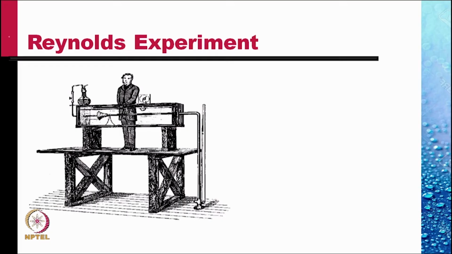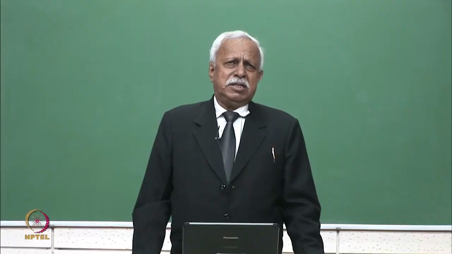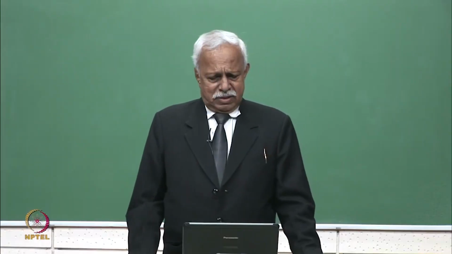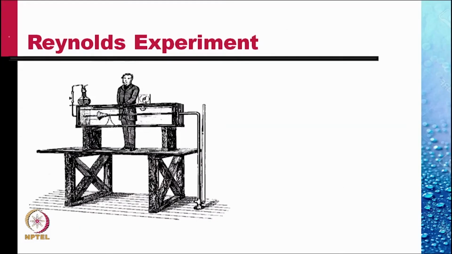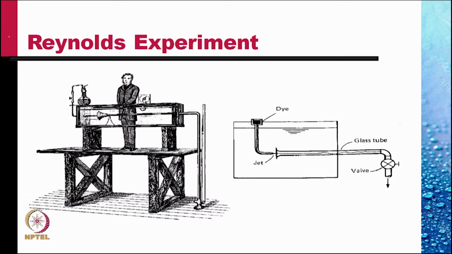So we need to worry about the pumping power required. The first reported experiments connected with the flow of pipes are due to Reynolds that we have discussed earlier. Reynolds, a British scientist, conducted experiments on a glass tube submerged in water through which the fluid, that is water, flowed through, and the rate of flow was controlled by a valve.